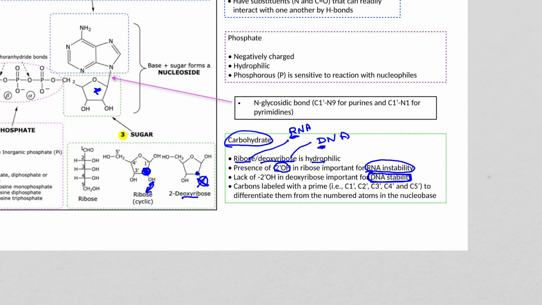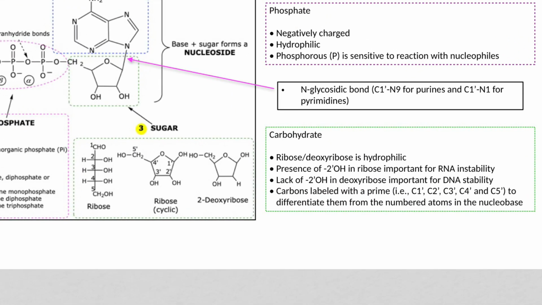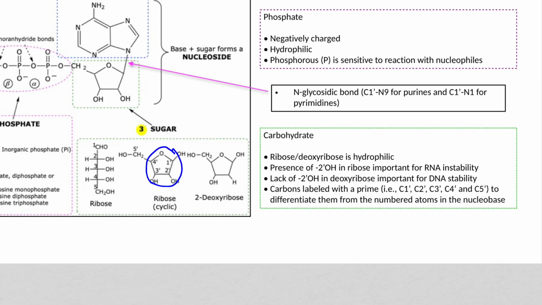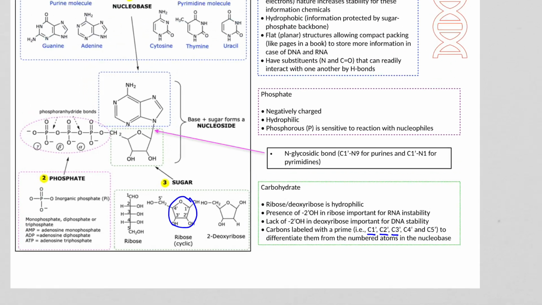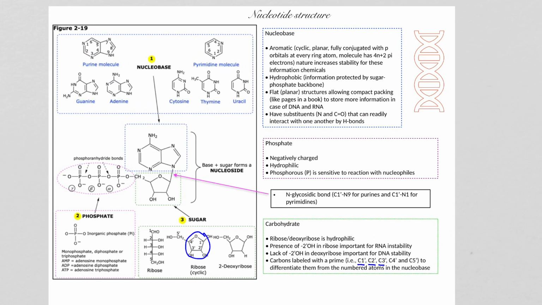Note that the numbering on the sugar, on the carbohydrate, is numbered with primes, C1 prime, C2 prime, and so on, while the numbering on your nucleobases does not have a prime.